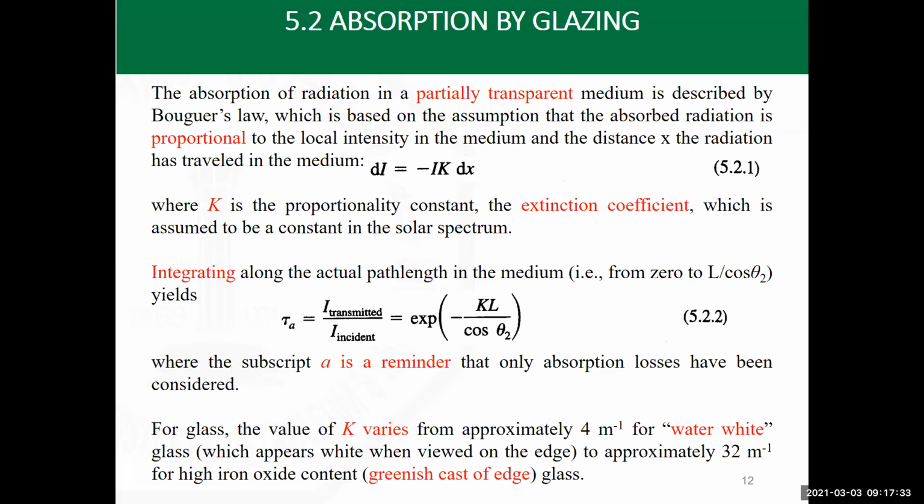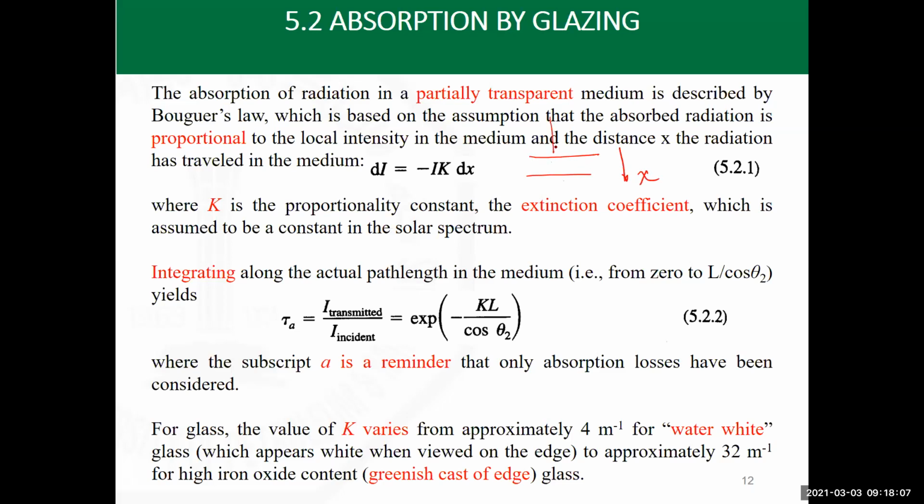So dI, the change of I due to passing through the glass, is equal to minus I K dx, where K is a proportionality constant, which happens to be the extinction coefficient. dx is the distance through which the radiation is moving. We're talking about a surface like this, and this is the x direction in that figure.